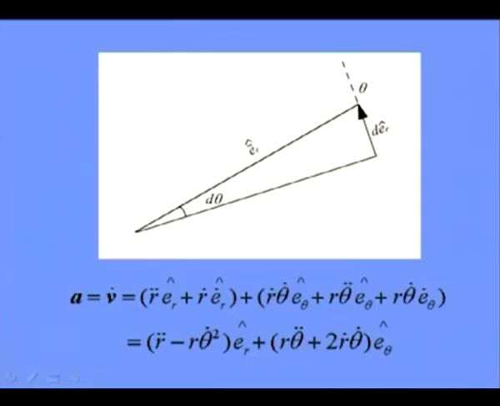Even then there will be a component of acceleration along the radial direction, equal to minus r theta dot square. Similarly, there will be tangential components. If the particle is moving with a constant angular speed, then r theta double dot will be 0. But if the particle is simultaneously moving in the radial direction, then there will be another component, that is 2 r dot theta dot e theta.